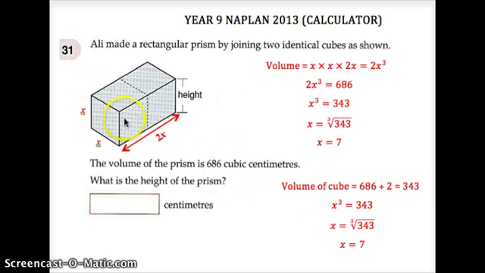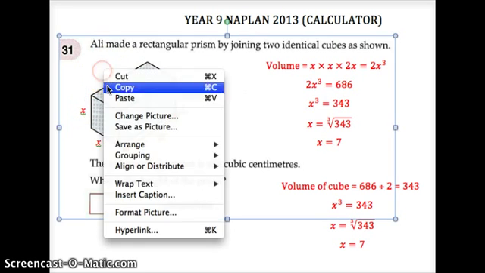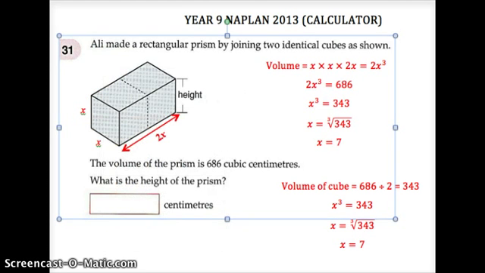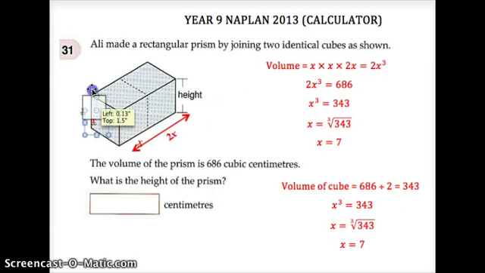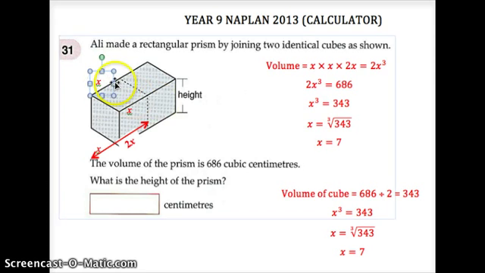Now to work out the volume of this cube, volume of the cube would be x times x times x, which is x cubed. So I'll just put that x up there.